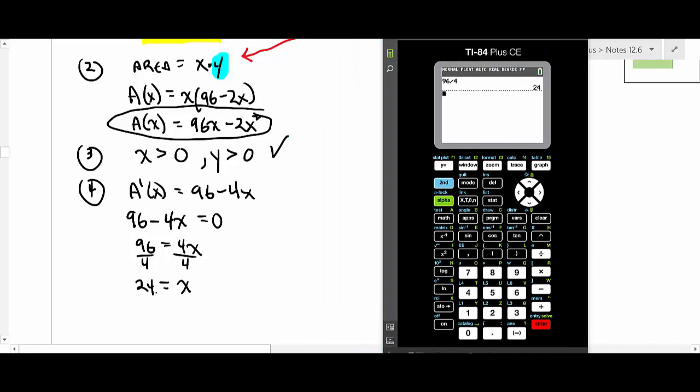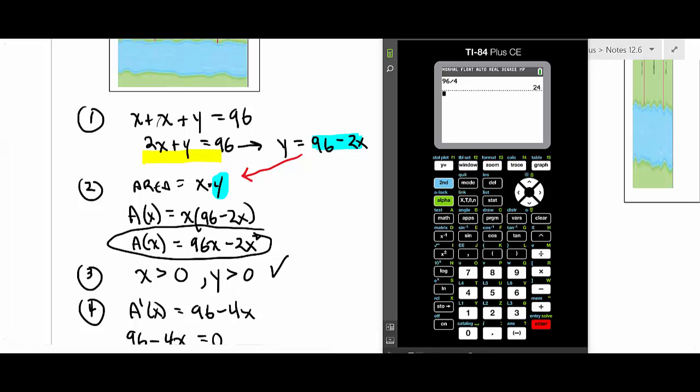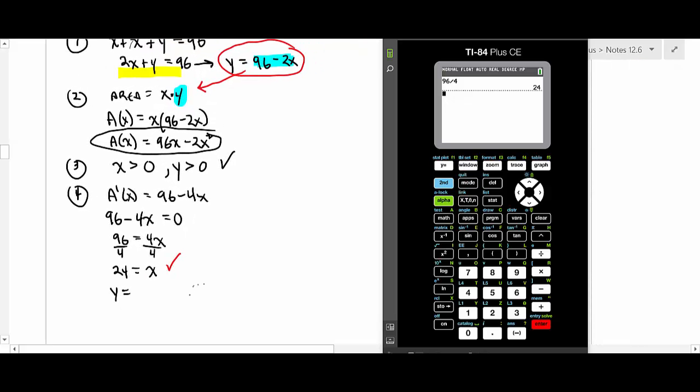All right. Now we also have to find y. That's what x is, so where do you go to find y? Well, the easiest place is right here. That equation was already solved for y, so it's logical to just plug the 24 into this function. So we have x is 24 now, and y equals 96 minus 2x.